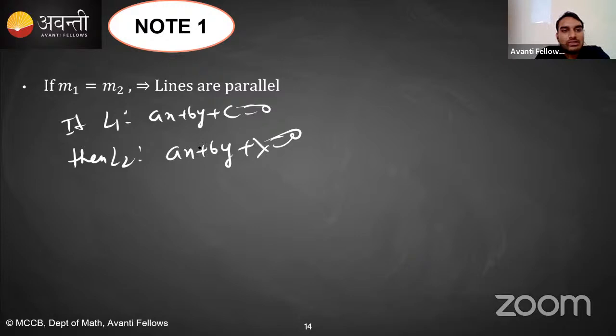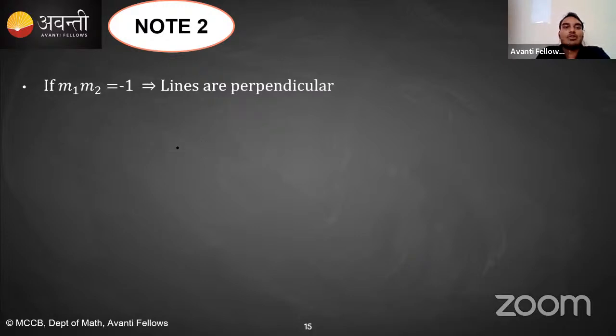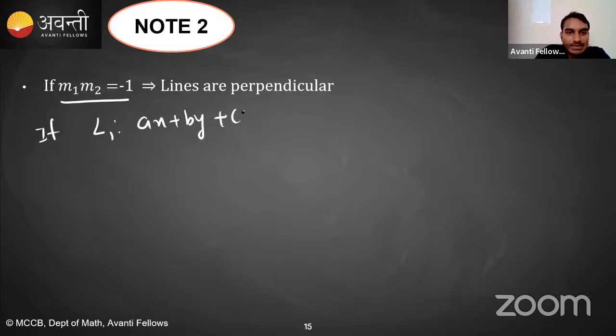So this was for parallel lines. Similarly, we talked about perpendicular lines, where M1 into M2 is -1. So I said that if your line L1 is AX + BY + C = 0, then you can assume your line L2 as, tell me quickly in the chat box.